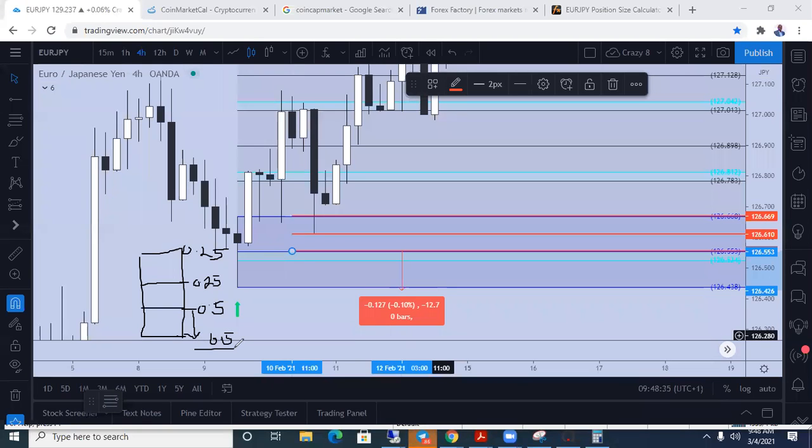I will lose 0.5 of my account. So by the time it moves all the way to this point, I would have made 0.5 of my account also, right? Which is 1% in this case. By the time it moves to my TP1, this 0.05 already has given me 2% of my account since I'm risking 2. This 0.05 alone has given me 2% of my account by the time I get here.